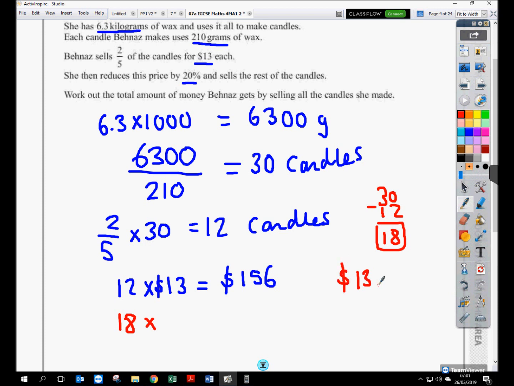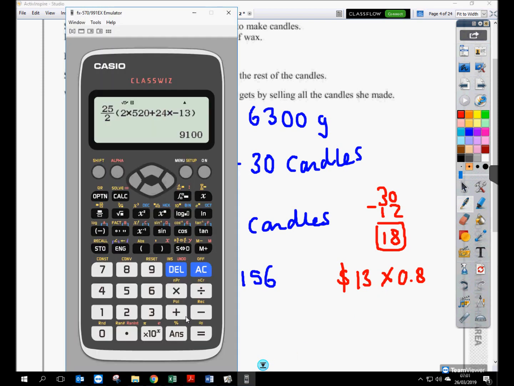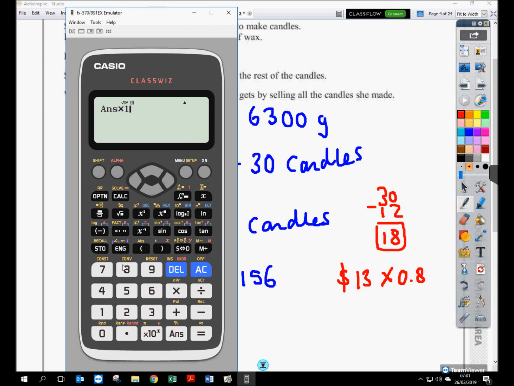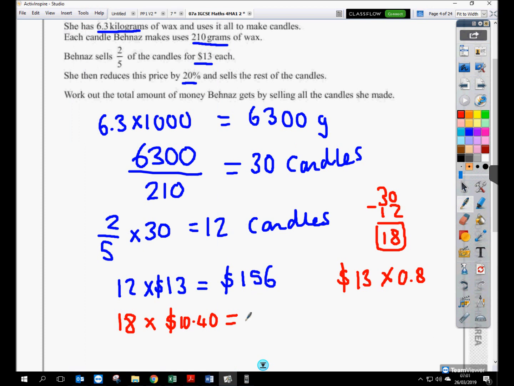If you want to reduce this by 20%, either you can work out 20% of it and take it off, or you can multiply it by 0.8, which reduces $13 by 20%. So 13 times 0.8 gives you $10.40. So she's going to sell the reduced ones for $10.40 each. Okay? So we have 18 times $10.40, that gives us $187.20.